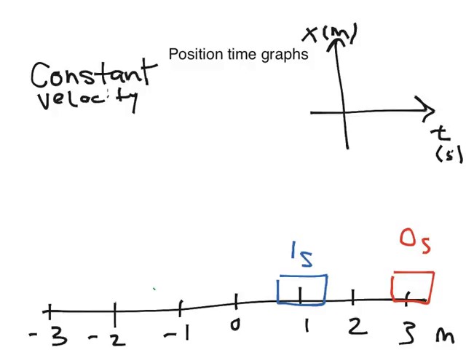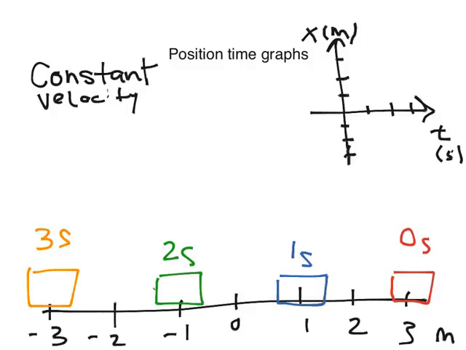Then 2 seconds later, it's going to be at the -1 mark, and 3 seconds later, it's going to be here at the -3 mark. So right now, I want you to pause and try to graph this on your graph and figure out how this graph looks.